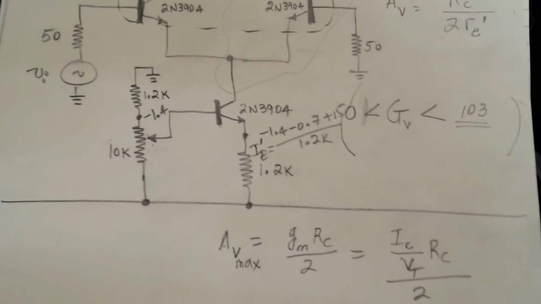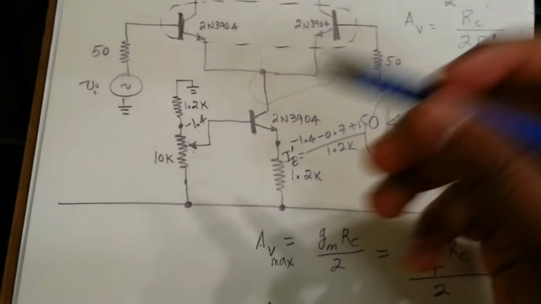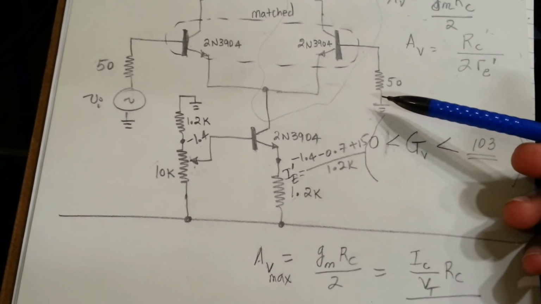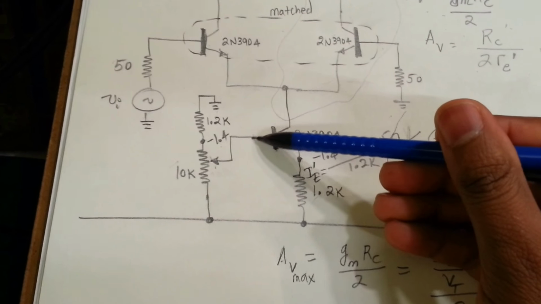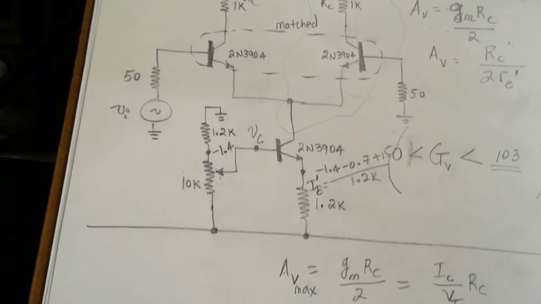One more thing I would like to derive here, while we are at it, is the gain of this amplifier as a function of the voltage here. We're told the controlling voltage, which will be VC. So let's derive that.